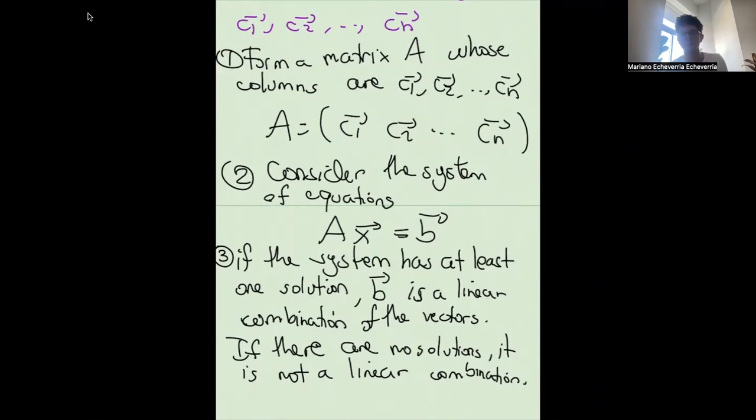It's just that we're interpreting what it means to solve a system of equations. From this interpretation, solving a system of equations is the same as figuring out whether the vector B is a linear combination of the columns. It's just another perspective. Is that making sense?